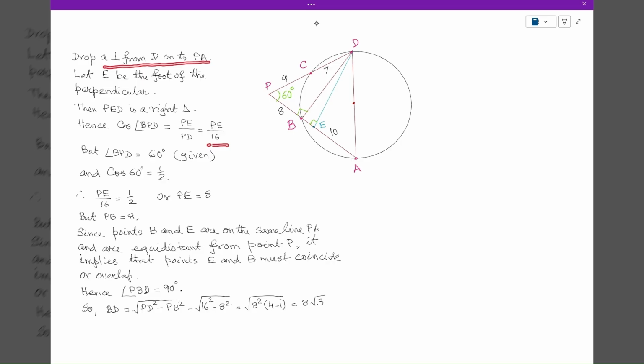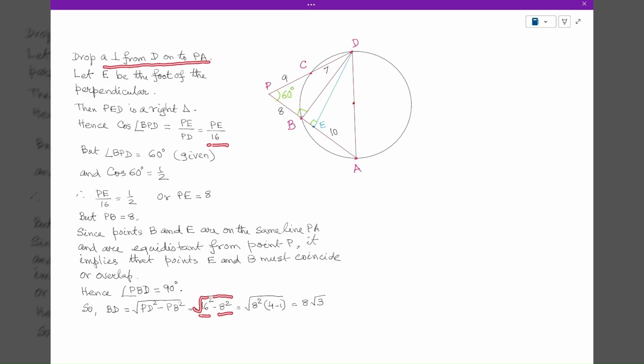This being a right angled triangle, the value of this will be hypotenuse square minus the other side square, square root of the whole thing. So, BD is equal to the square root of PD square minus BP square, which is the square root of 16 square minus 8 square.